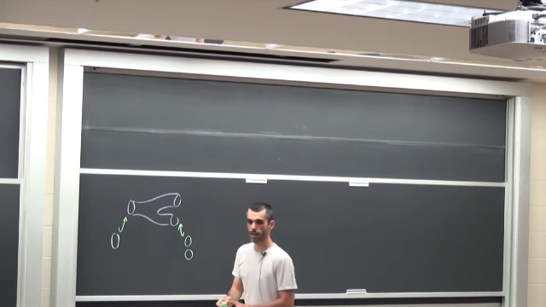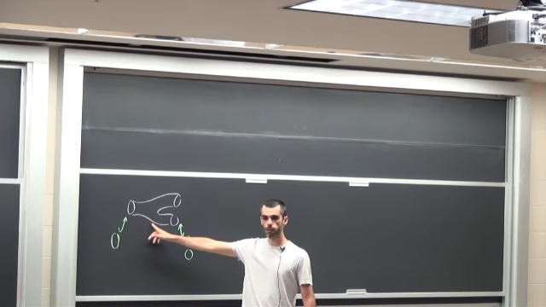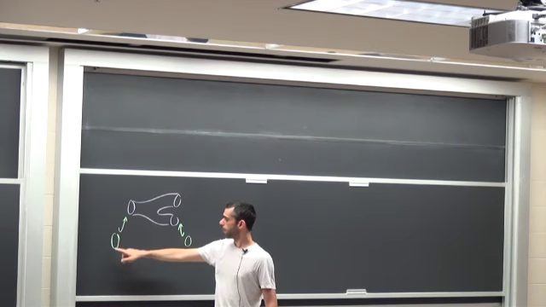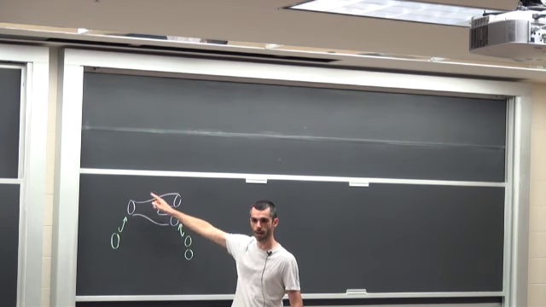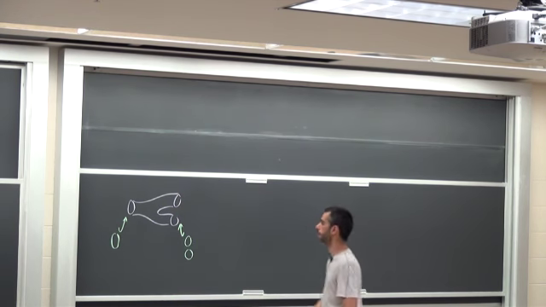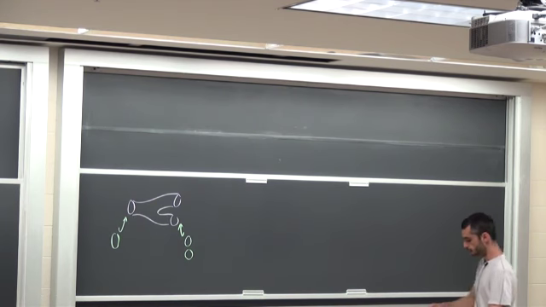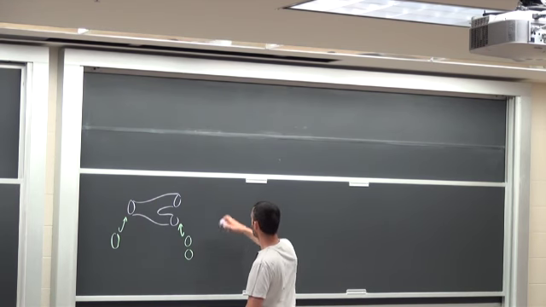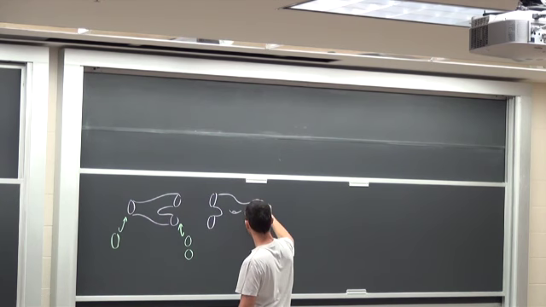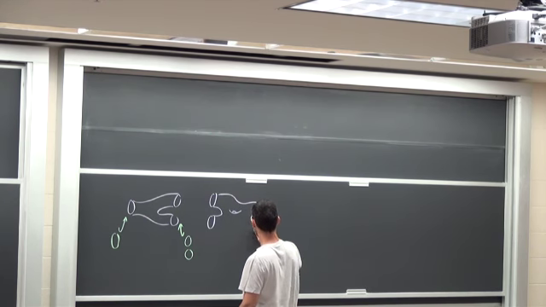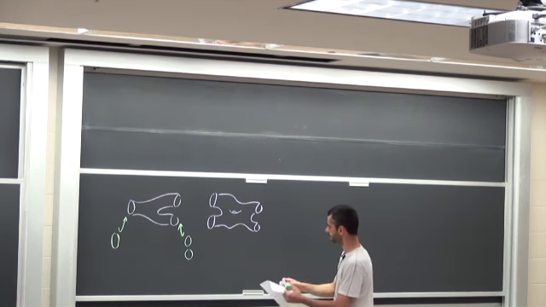A cobordism is a manifold with boundary and equipped with two inclusions of these things. So a bordism between this and that is the data of this purple manifold along with the two maps. So suppose I have such a cobordism, and then I have another one.